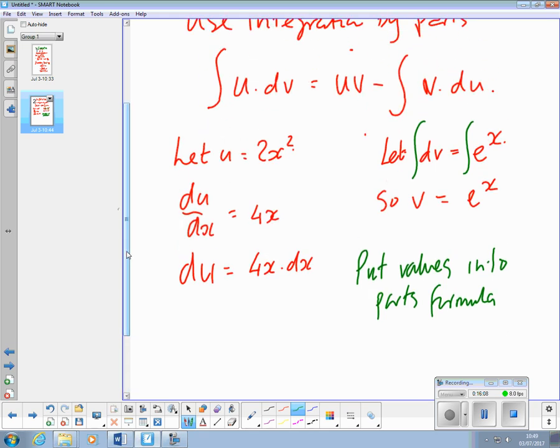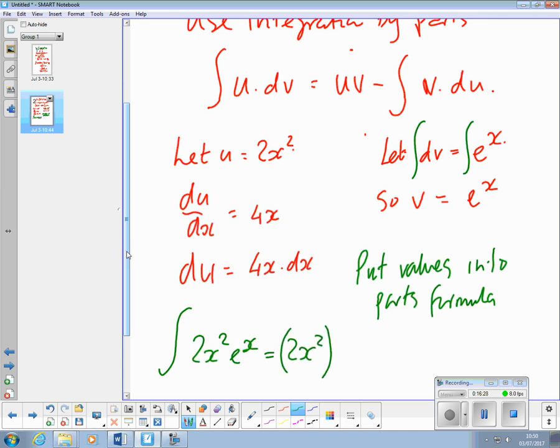The integral we're looking for, 2x squared e to the x, is equal to, and then I fill in the parts of the parts formula. So we want u, which we said is 2x squared.